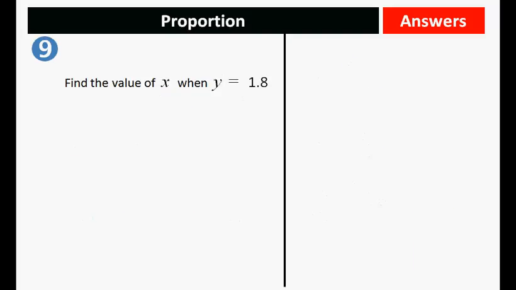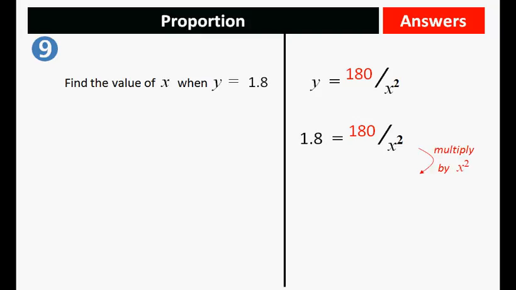And then find the value of x when y equals 1.8. So we've got the relationship between the two things. Put in the fact that y is 1.8, so 1.8 equals 180 divided by x squared. Get rid of a fraction by multiplying by the denominator, so 1.8 x squared equals 180.